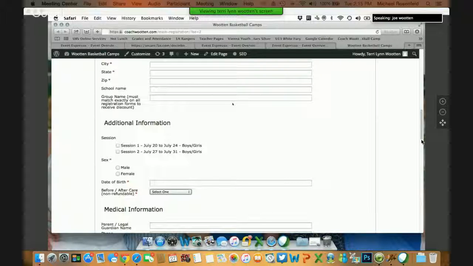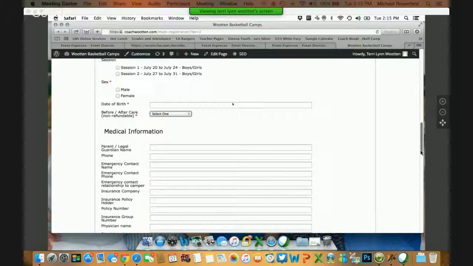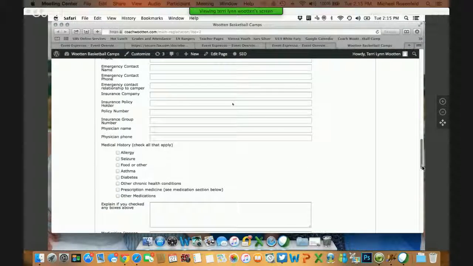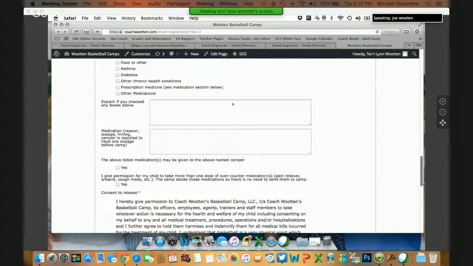Let me know when I can scroll down. Good. I am ready. Okay. So here, the medical information, same as on the last one, from parent, guardian to physician's phone number needs to be required. The same as the other one. And then exactly the same as the other one.